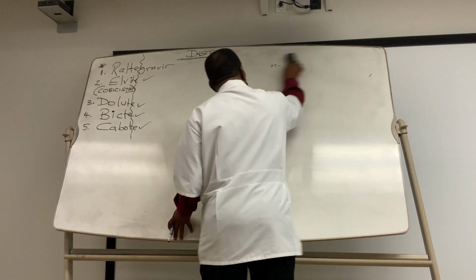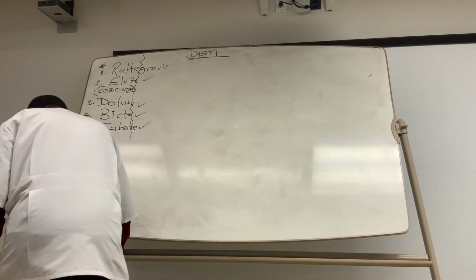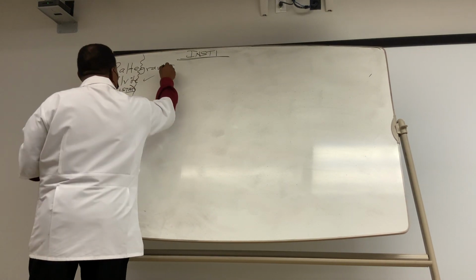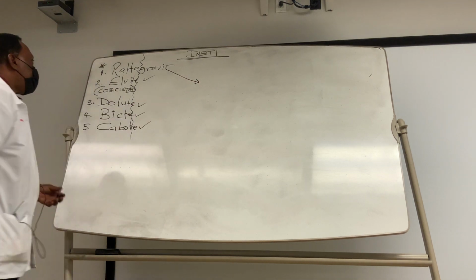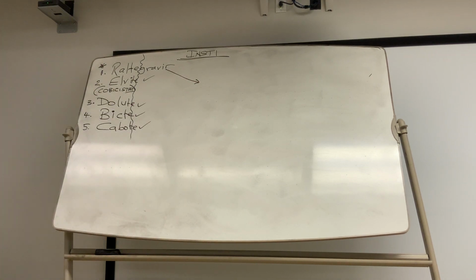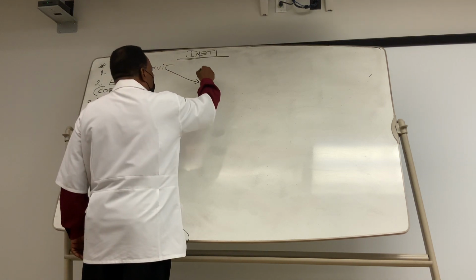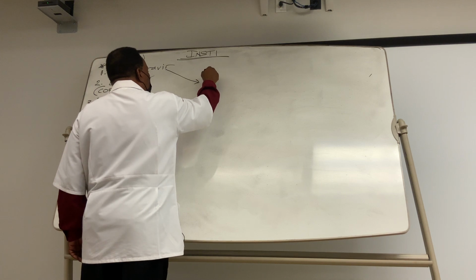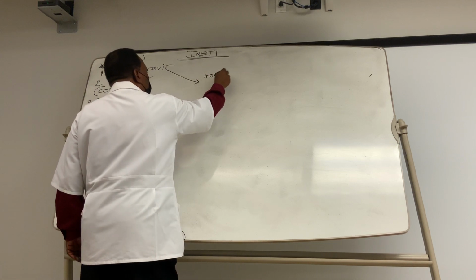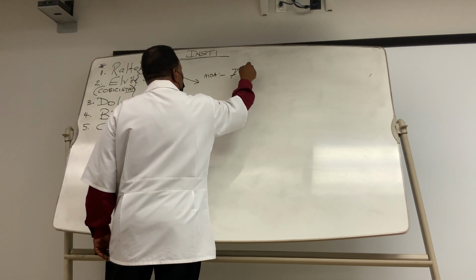I'll take raltegravir was the first one made, and that's why we're going to take it as the representative agent. We know how it works, so mechanism of action, we just see that, inhibition of the integrase.